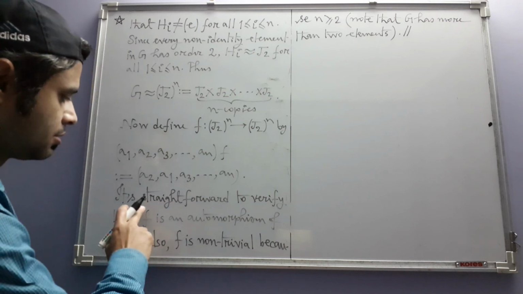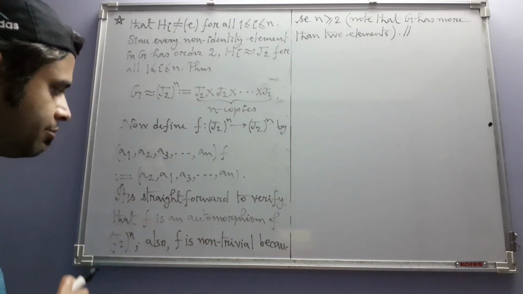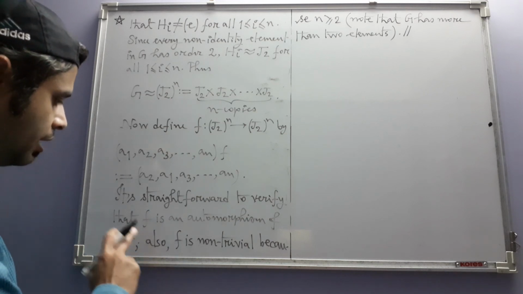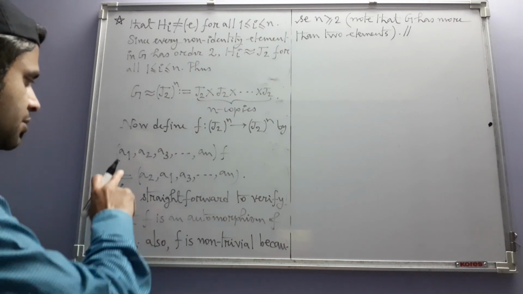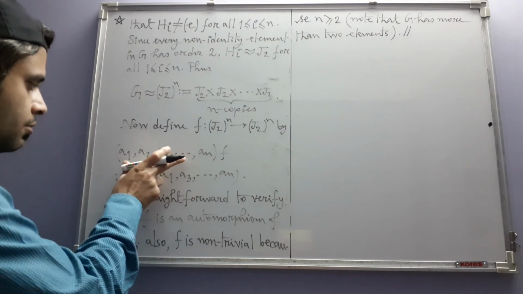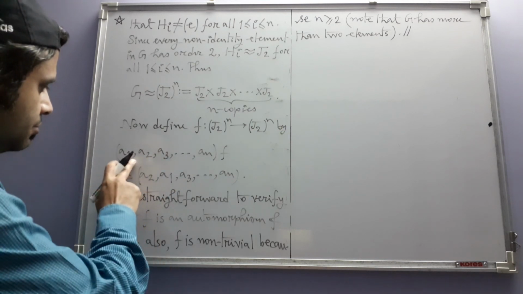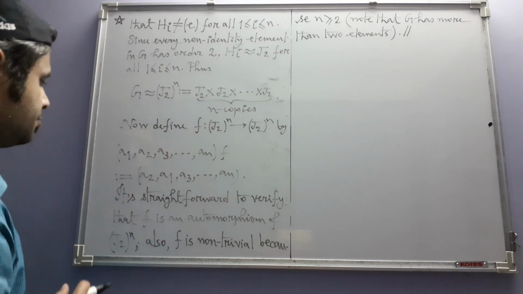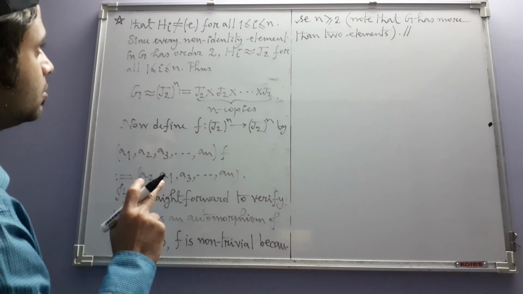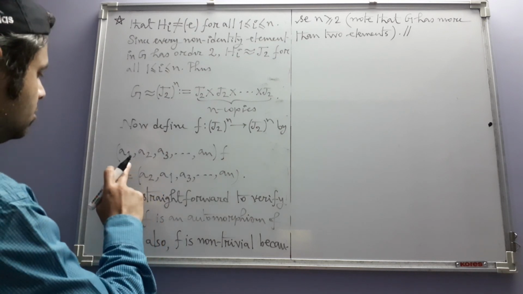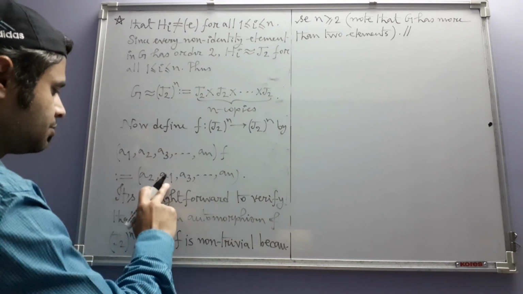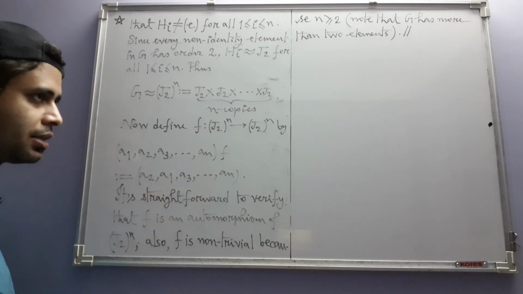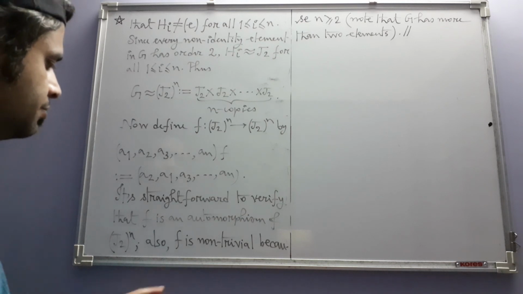It will be straightforward to verify that this F is an automorphism of this group, and it's a non-trivial automorphism because it does not map every element onto itself, and that is because of the switching of the first and second coordinates.